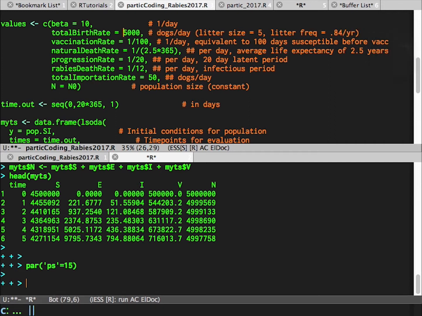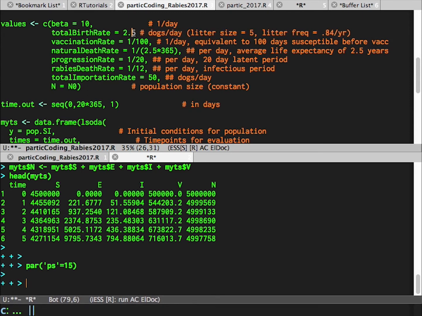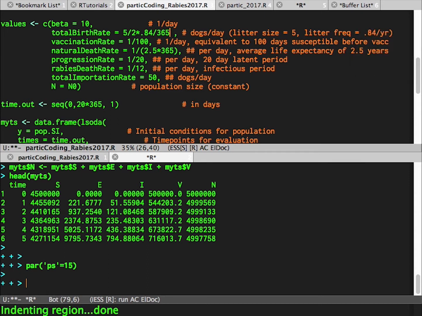Okay, so let's see if I can do this right. So we have 5, divided by 2, because male dogs don't give birth as far as I know, times a frequency of 0.84 per year, but we have to divide by 365 because we're talking about days. Does that seem right? Which is 35 million, 5 million.